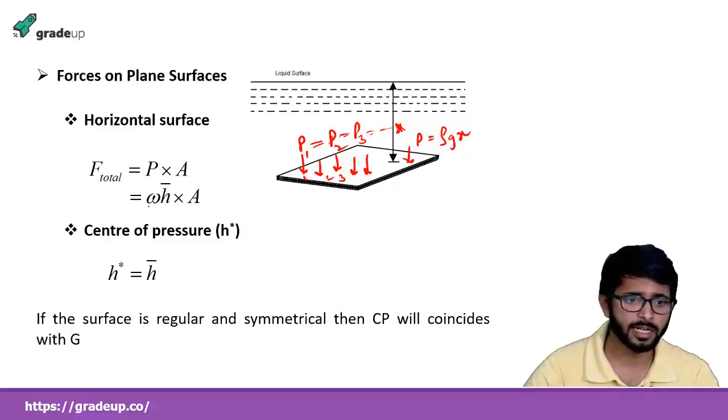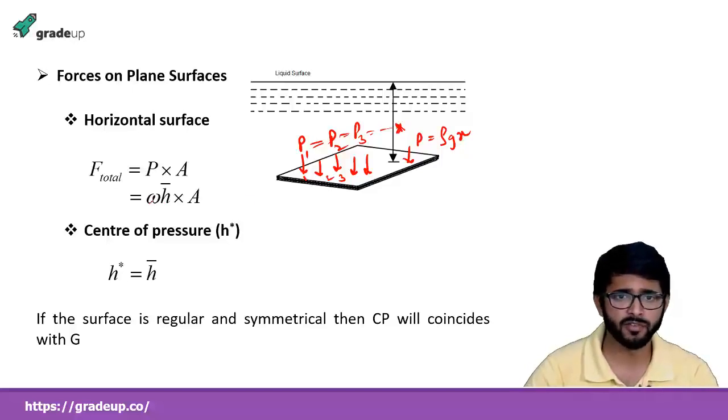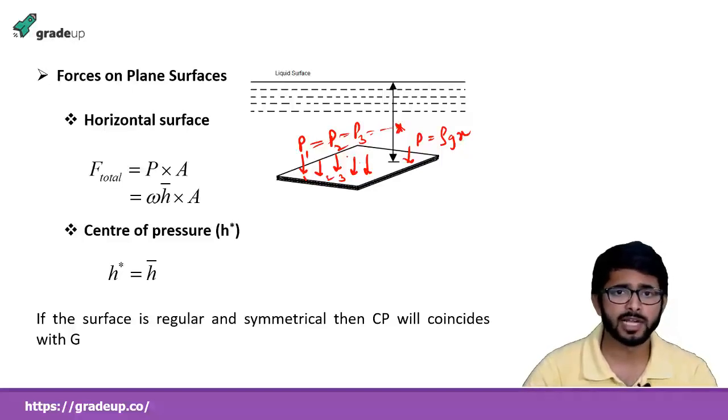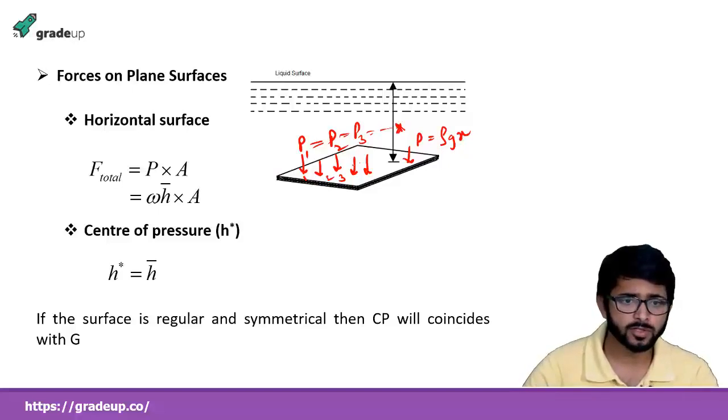So the pressure is omega h, where omega is the specific weight, omega is rho g, and h bar is the height of the center of mass, the height of the center of gravity of the body. So here, say this section is the center of gravity.